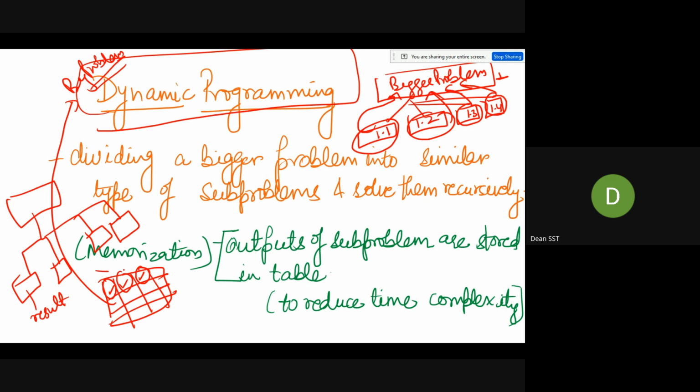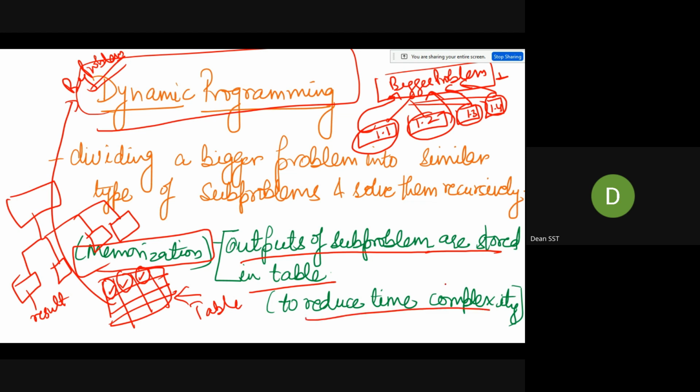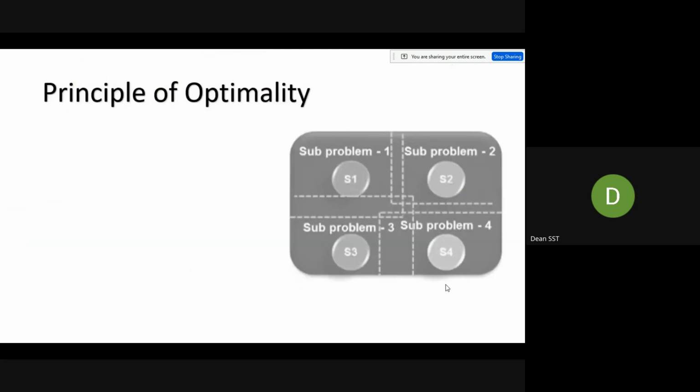And this is known as memoization. Outputs of subproblems are stored in a table. We use a table to store the output of the smaller problems to reduce the time complexity. It means in dynamic programming, we are breaking the big problem into smaller problems.